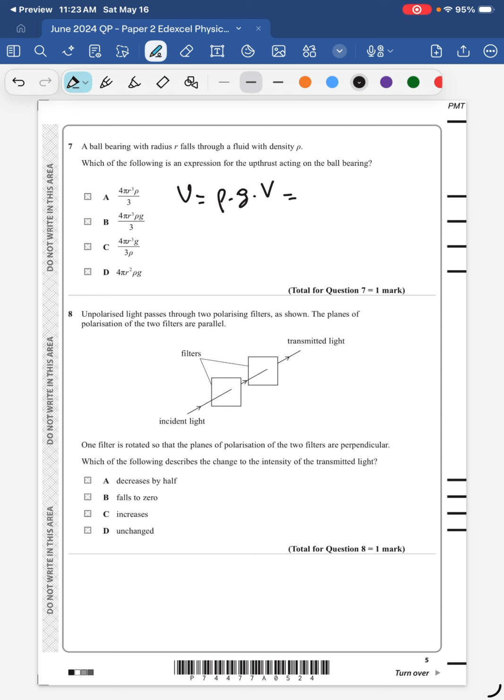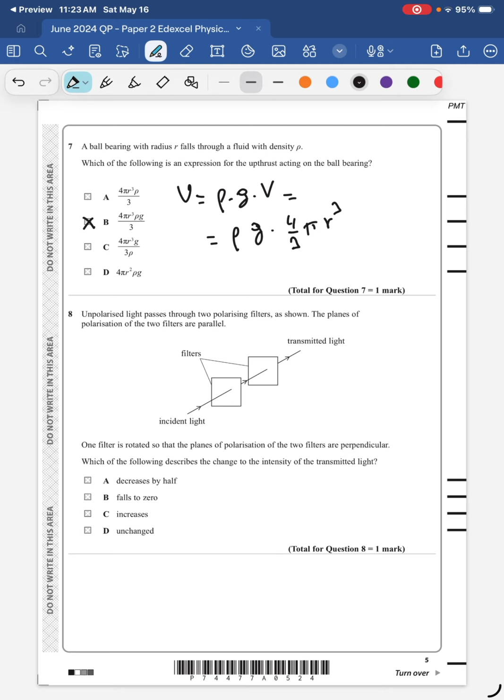So that's rho g times 4/3 pi r cubed. And this is option B.